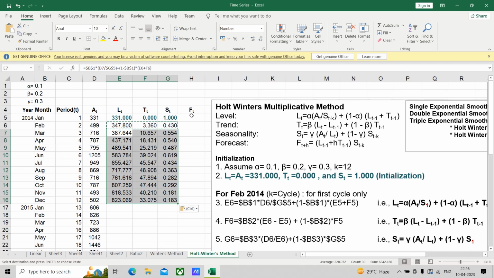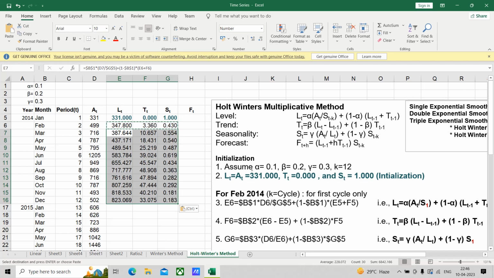Now we can forecast the value for January 2015. We cannot calculate the forecast value for the first cycle, I mean for 2014. So in this year I have used two initial values or two changes.